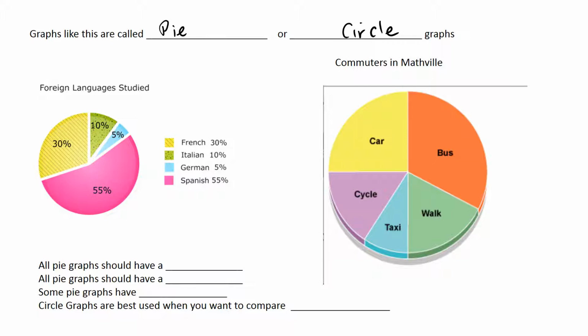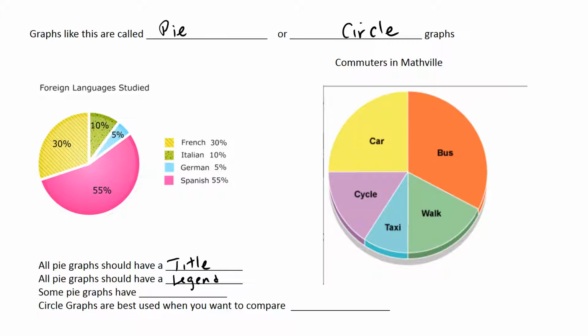There's one pie graph that shows the different languages that are studied by students in a specific school. And the other one shows how people commute in Mathville. So just taking a look at the characteristics, all pie graphs should have a title, and all pie graphs should have a legend.